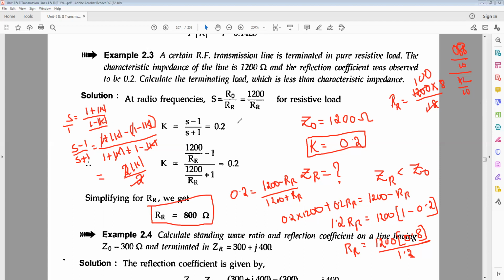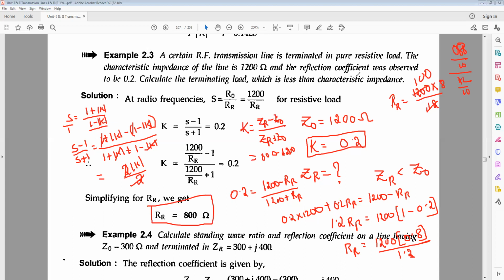So definitely, the reflection coefficient is (ZR minus Z naught) by (ZR plus Z naught). What is the ZR here? We got RR nothing but 800 minus 1200, which says that the calculated terminating load is less than the characteristic impedance.